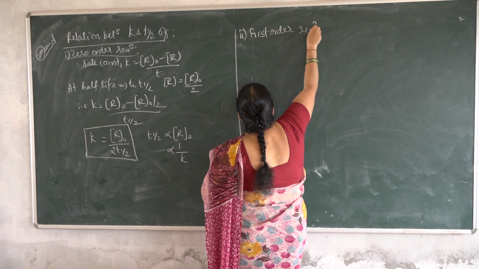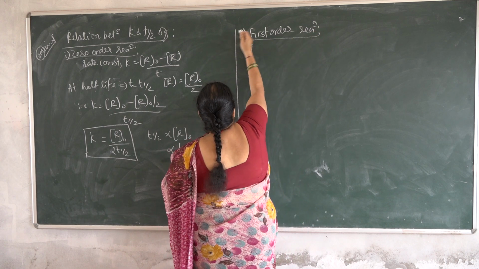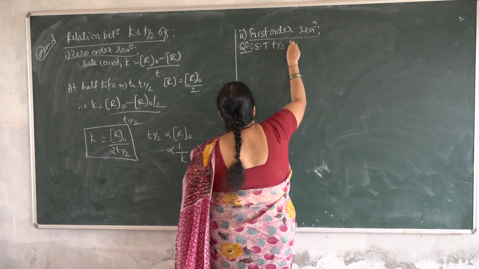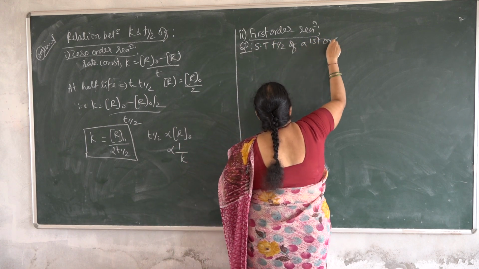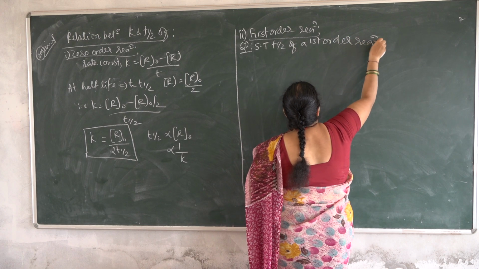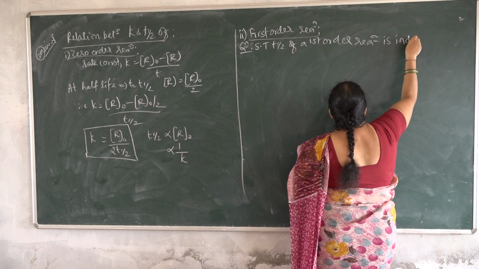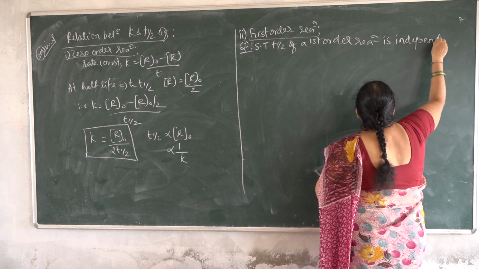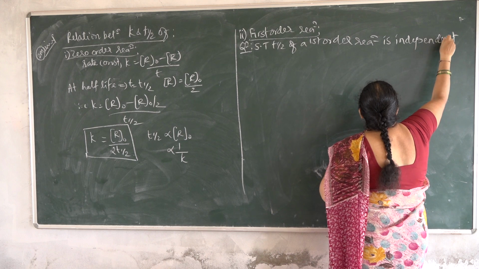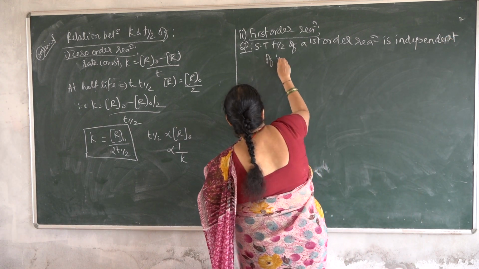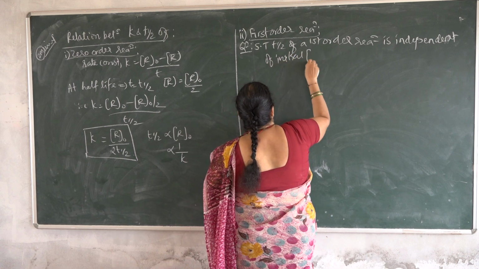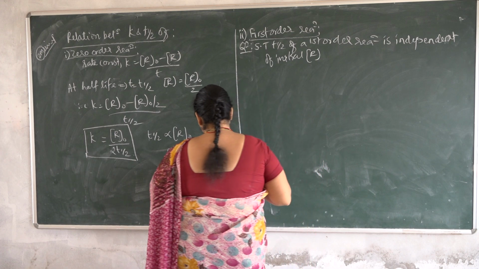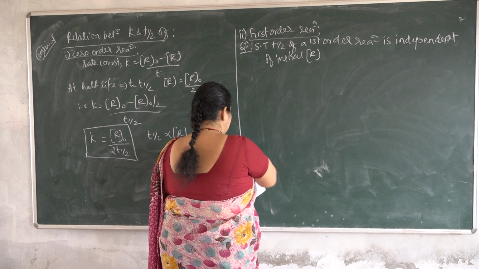You may get a question like this: show that t half of a first order reaction is independent of the initial concentration of reactant. The question may be like this, and you have to answer it in this way.